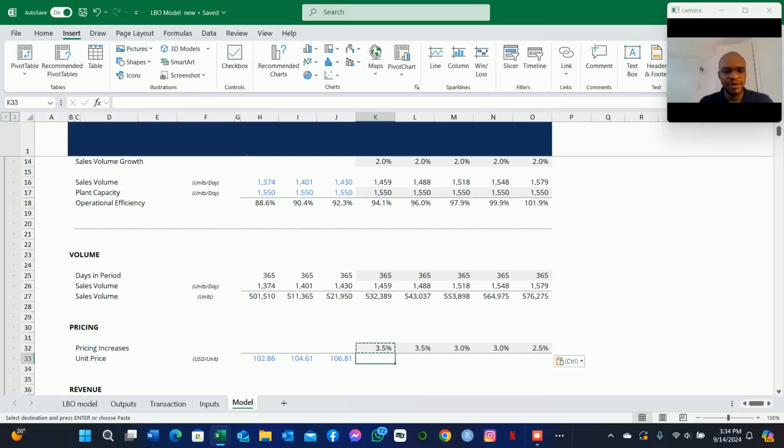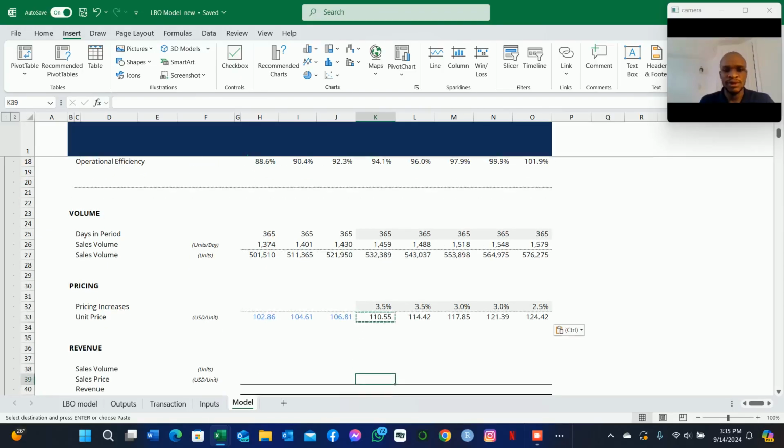So in order to account for these price increases, we're just going to take whatever the prior period was and then inflate it by this percentage here. We can copy this with ESF basis formulas. So we have it set up there.